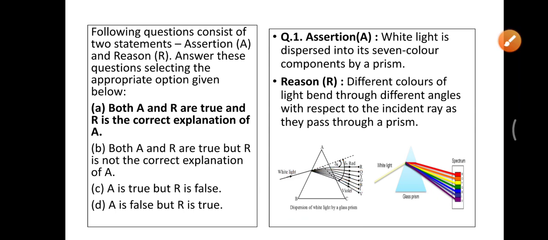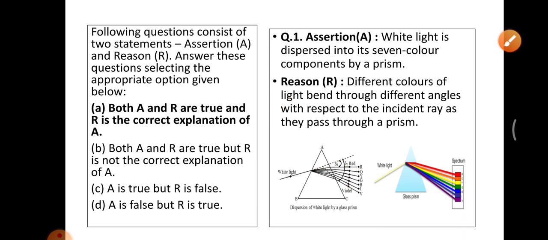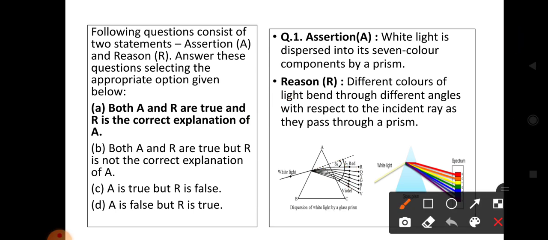That means red has the least deviation, and violet has the most deviation with respect to the incident ray. So the reason is correct. Which one is the correct answer? Option A, both A and R are true, and R is the correct explanation of A. This is the correct answer.